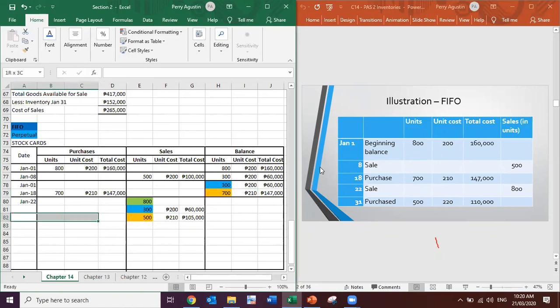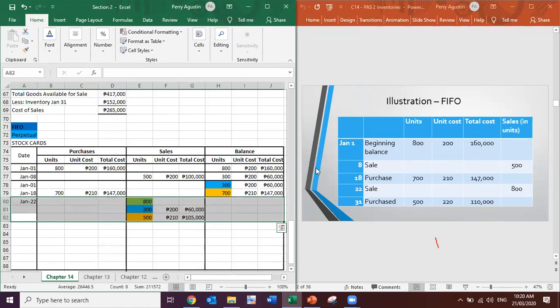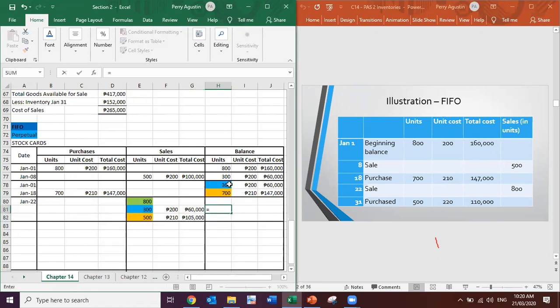So now, what we have to identify is how much inventory is left on hand. So for the 300, ilan na lang yung natitira? 300 minus 300, 0 na. So magkano siya? 200. Multiply mo siya? 0.